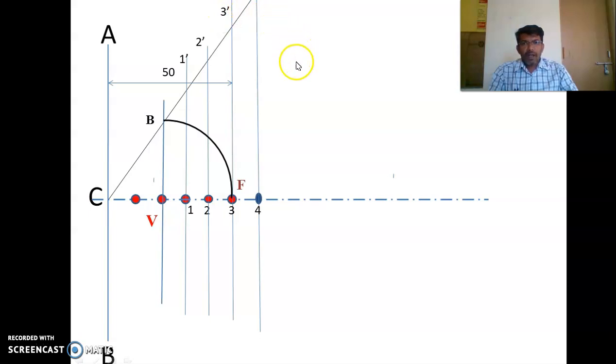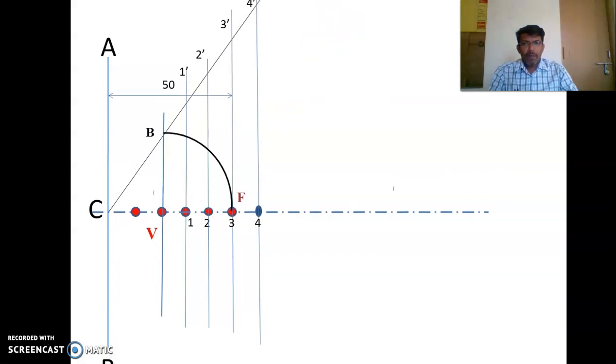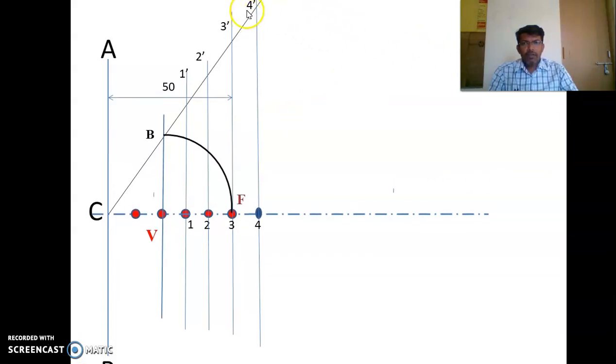Here it is 4 dash. Next, take 1 1 dash as radius and F as center, and make an arc here, and below the axis also make another arc.